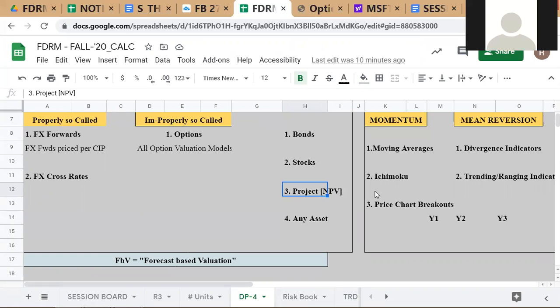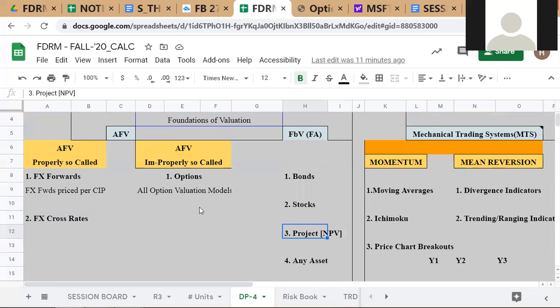You discount each of them to the present value, add up all the present values, and you end up with a present value for the project. Then you deduct the cost of the project, C0, and you are left with the NPV of the project. So that's the process by which you arrive at this fair value.